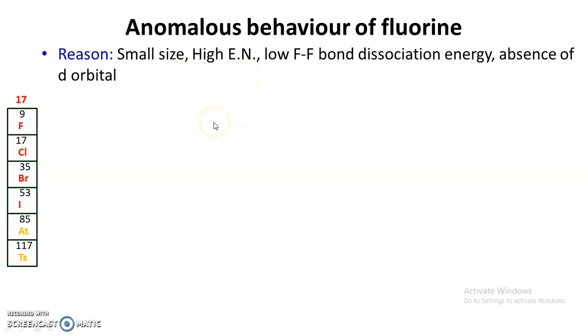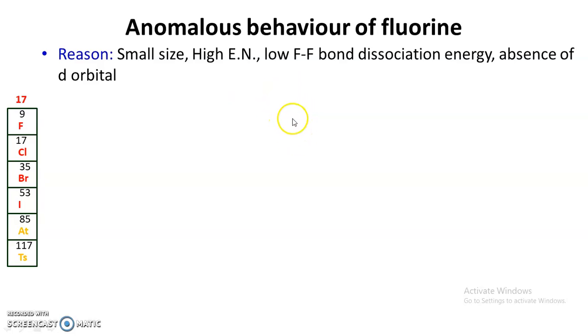The electronegativity of fluorine is 4, and it is actually the highest electronegativity among all the elements in the periodic table. There are 118 elements, but fluorine has the highest electronegativity, and among group members too its electronegativity is highest.